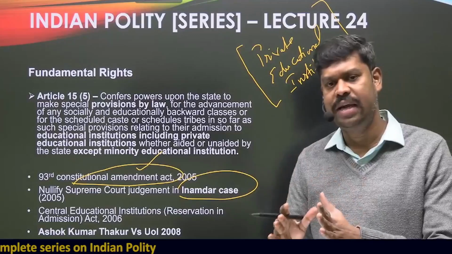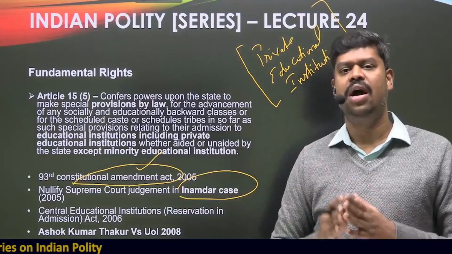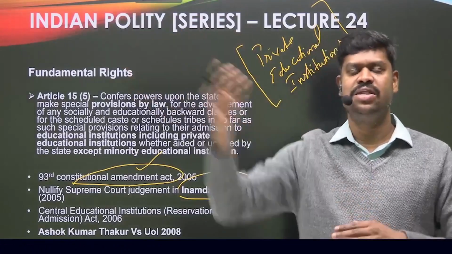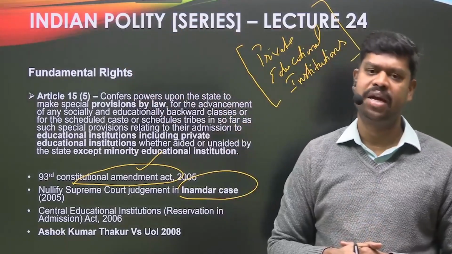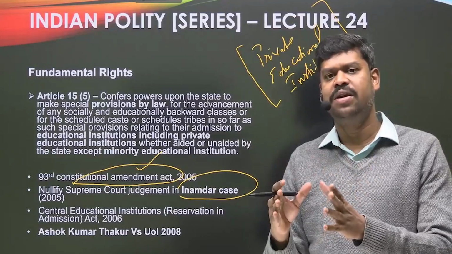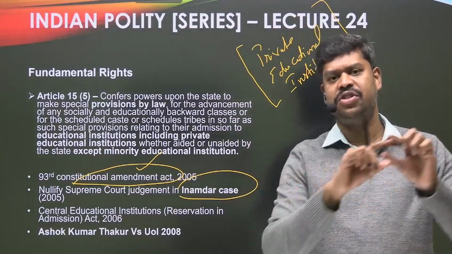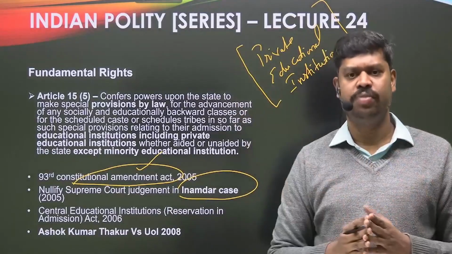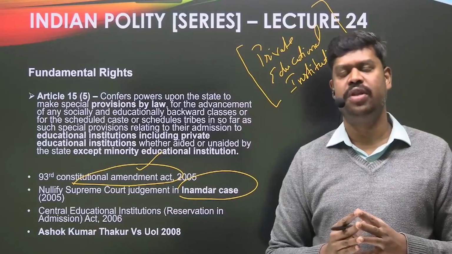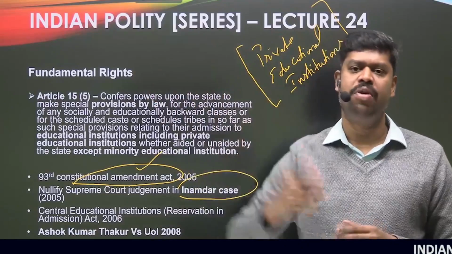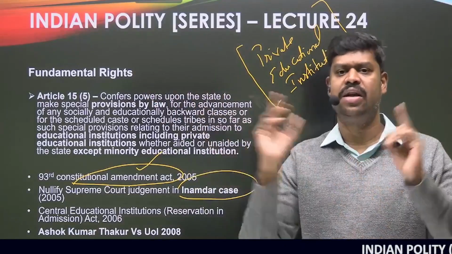So today the enabling provisions allow the state to make a law, and if they want to extend the reservation, they can extend it even to the private educational institutions. So the central government, if they wanted to extend the reservation to all the central universities, including, let us assume, many of the private educational institutions, then the Parliament can make a law and thereby extend the scope of the reservation to all the central universities.